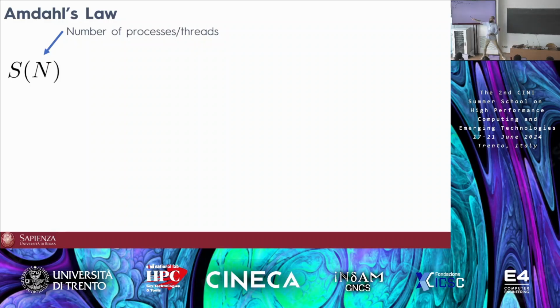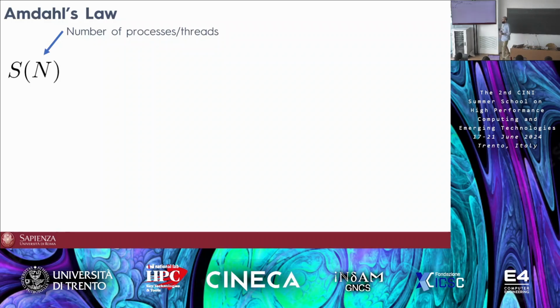S is the speedup, and you want to know how much faster your application gets if you run it on 10 nodes rather than one node, for example. If the speedup is 10, you are happy. You buy 10 nodes, you get 10 times faster. That's the ideal case. In general, that's not the case.